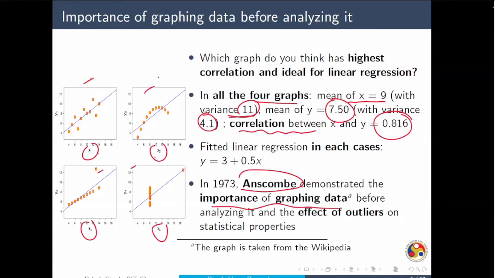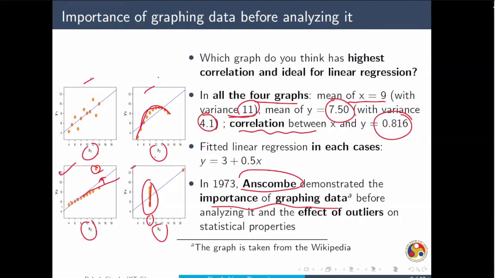Now here somebody said this is the right graph, but look at that. Here there is an outlying observation, and because of that, this line is pulled towards it. And here, for a given X, maybe 8 or something like that, you have different values of Y. And here we have a nonlinear relationship, basically.